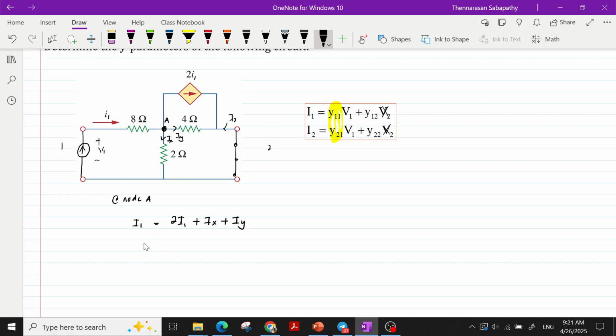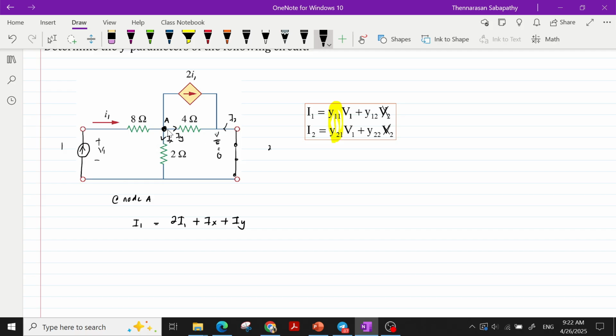Then the next step is to define Ix and Iy. This is a short circuit, and this point is also ground, so it has 0 value. The current here, Iy, is VA over 4.